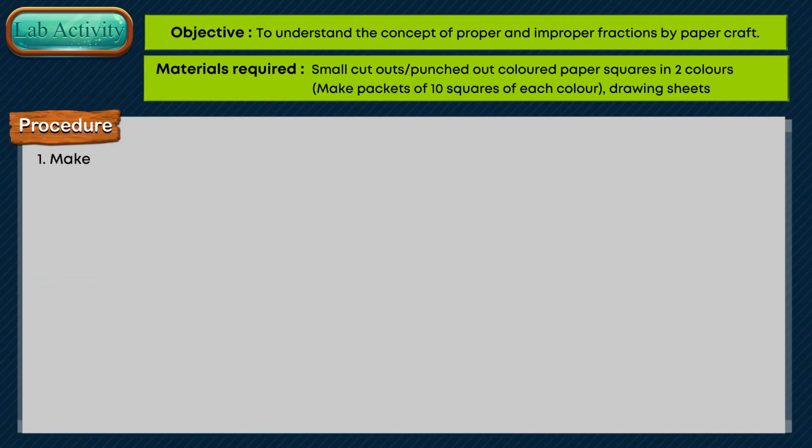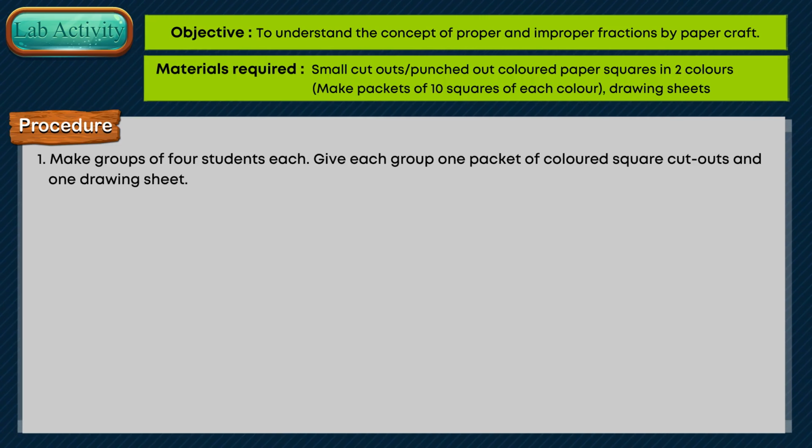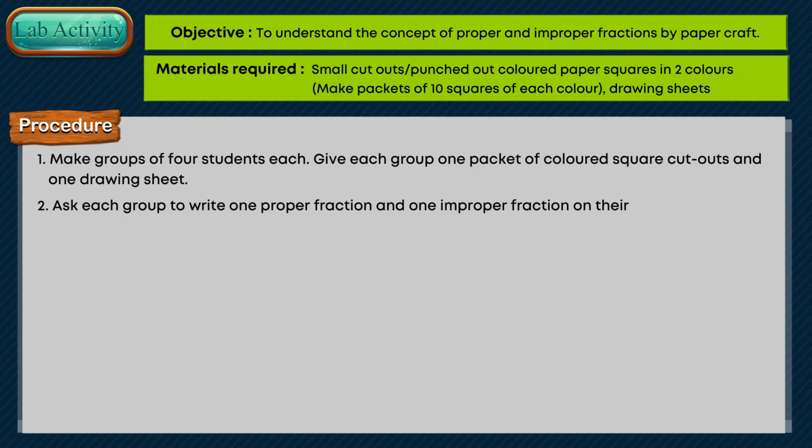1. Make groups of 4 students each. Give each group 1 packet of colored square cutouts and 1 drawing sheet. 2. Ask each group to write 1 proper fraction and 1 improper fraction on their drawing sheet after discussion, with smaller numbers 1 to 5. 3.